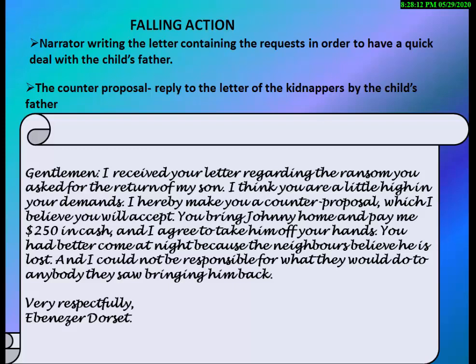And Bill says, what is $250 after all? We have money. So give this money, or else one more night with this boy will drive him crazy. Bill felt that the boy's father was making a very good offer, and they would not let this chance go.